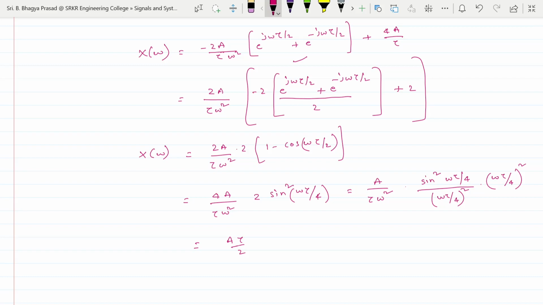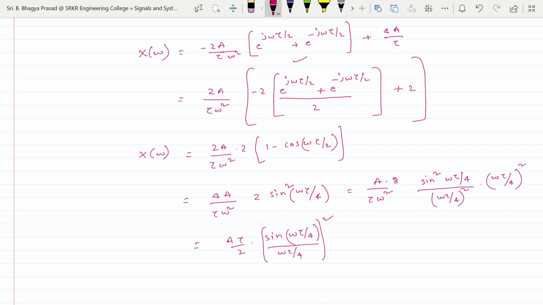Sorry, we missed this 8, so 8a by tau ω squared. So we get aτ/2, sine(ωτ/4) by ωτ/4. I will write this expression like this.